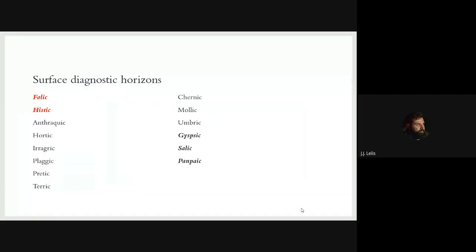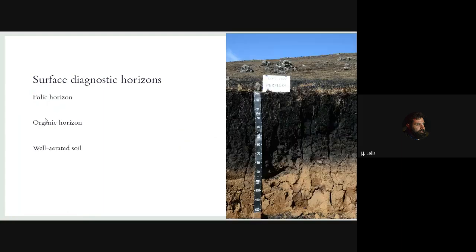Okay, so we have some surface diagnostic horizons, and the folic and histic are those organic horizons that present a high content of organic carbon, at least equal or higher than 20%. That is the case.